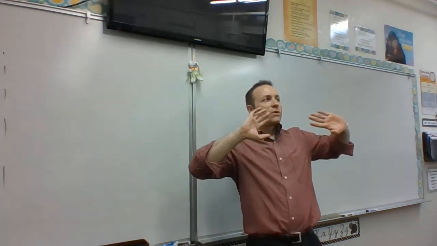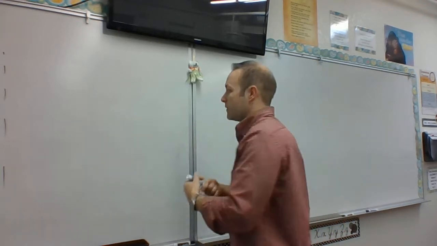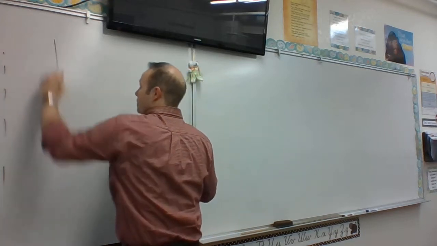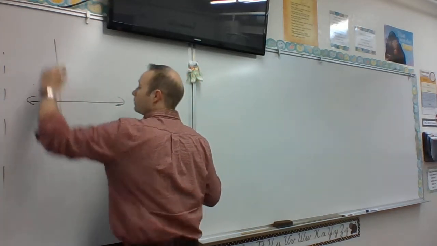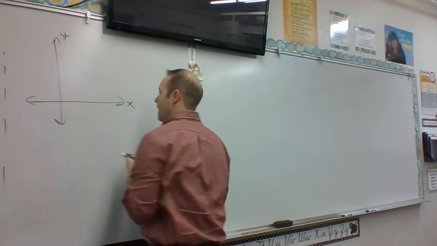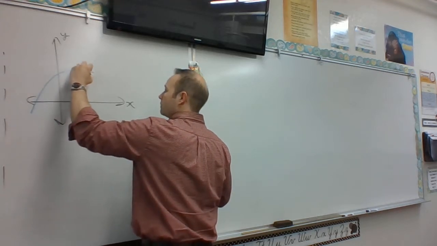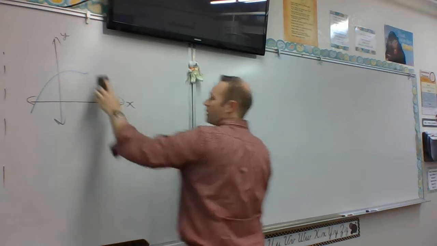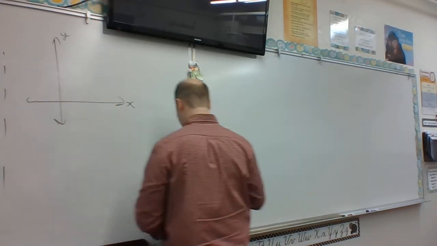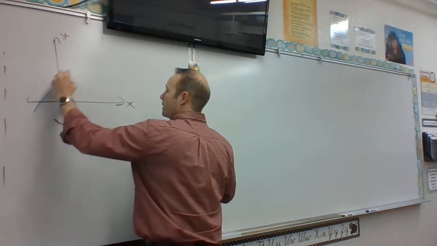Okay? So if the derivative is finding the slope of the curve at any given point, an integral is finding the exact area under a curve. So what we mean by that is this. Let's get our axes going here, x-axis, y-axis, and let's say we have some curve that does this.